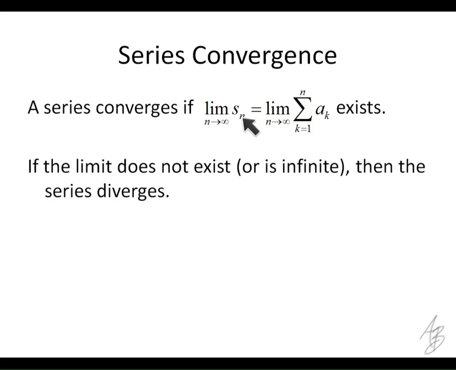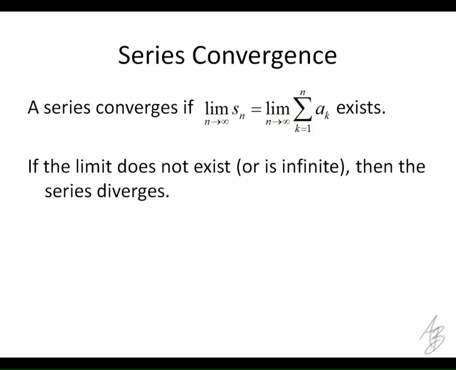This s sub n here is a partial sum, and remember the partial sum is equal to this right here, the sum from k to n of the first n terms in the sequence. So if that limit of the partial sums exists, then it converges. If that limit does not exist, then it diverges.